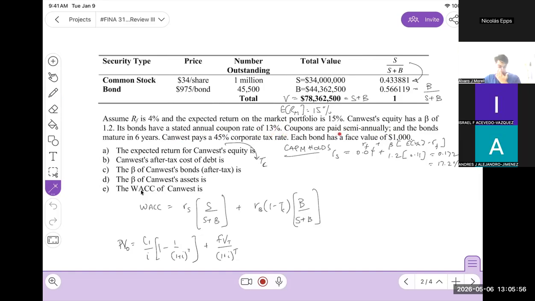In fact, semi-annually, the payments are made as C divided by 2 times 1,000, which would be 0.13 divided by 2 times 1,000, which is how much? $65? Is that right?